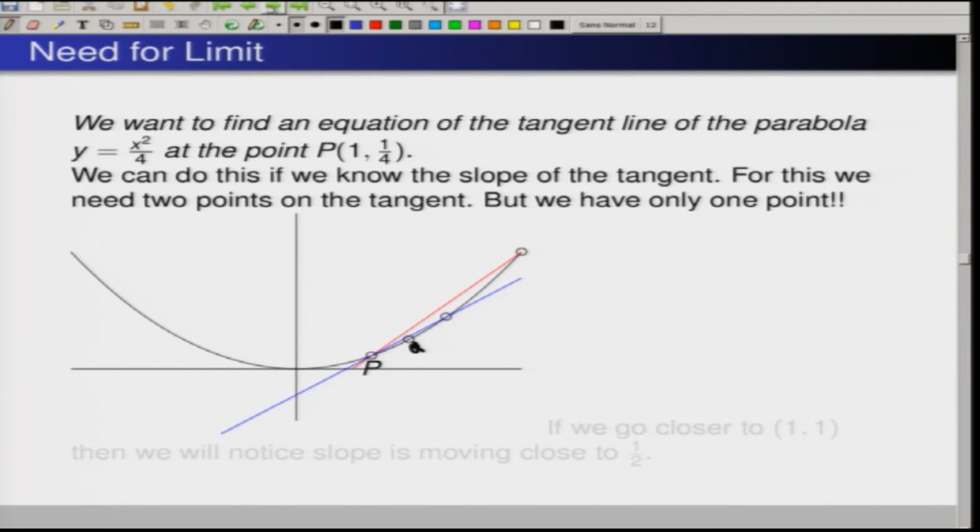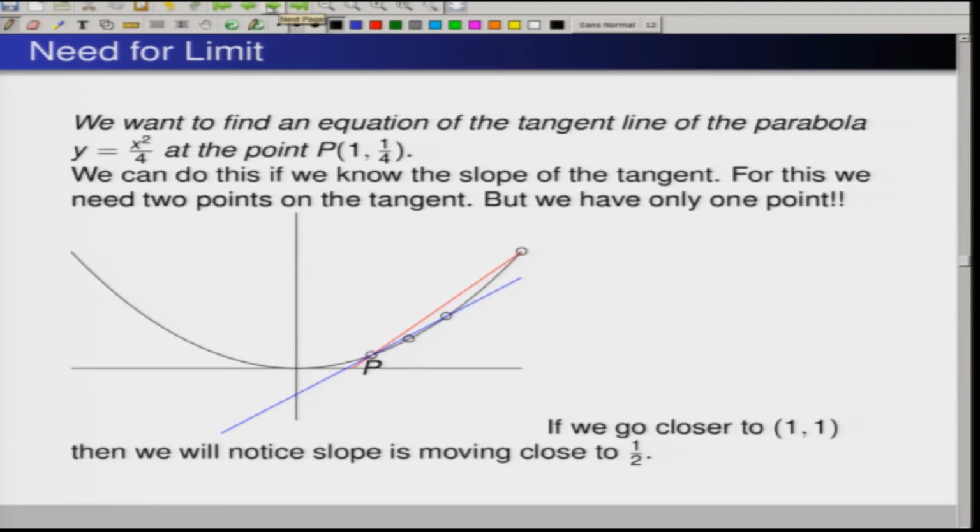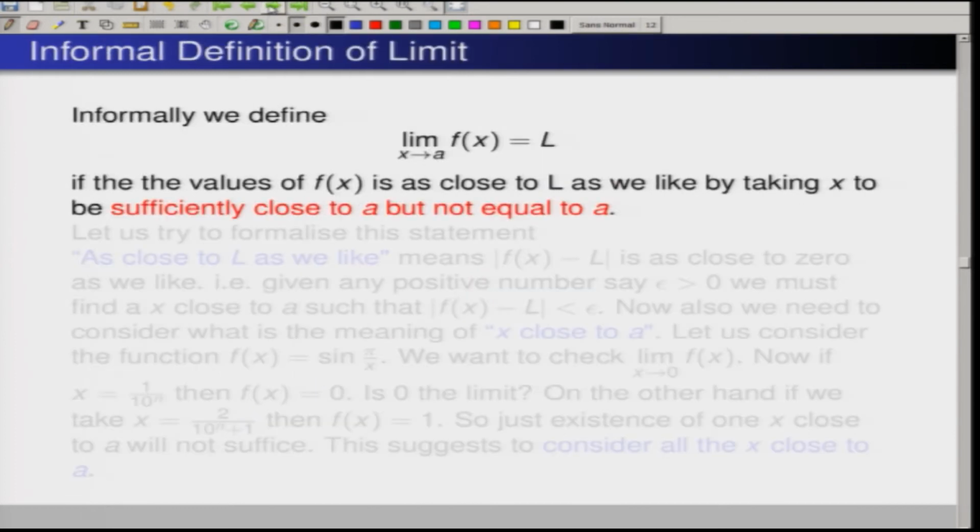What we will see is that as we come closer and closer to P on the parabola, the slope comes closer and closer to half. That is how we are going to get the slope. So, this is a limiting process.